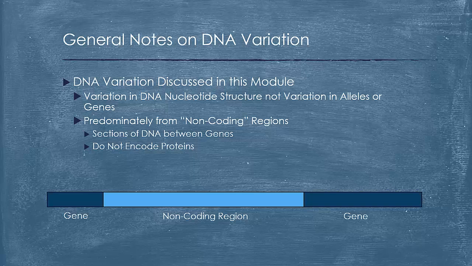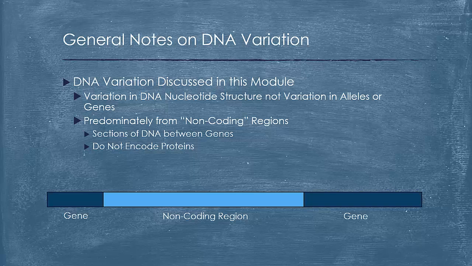Alright, so some general notes on DNA variation. The variation being discussed in this module is variation in DNA nucleotide structure, not variation in alleles or genes. So variation is predominantly from so-called non-coding regions.